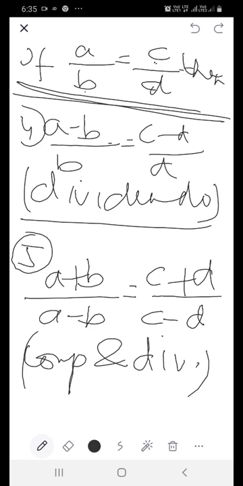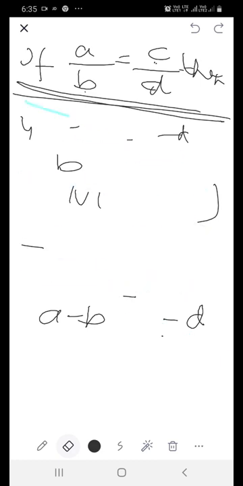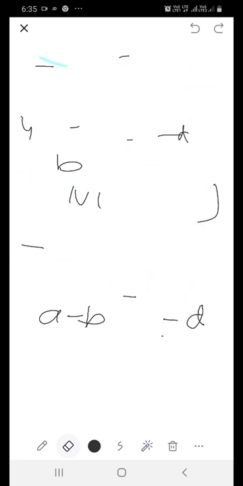This is the fifth property, where you use componendo and dividendo both. Now these are the five properties which I have explained to you: invertendo, alternendo, componendo, dividendo, and componendo and dividendo both. Most of the time, the last property will be used to solve the questions.